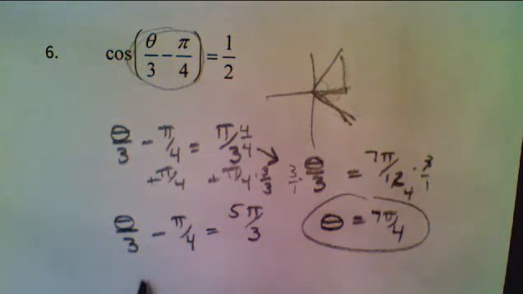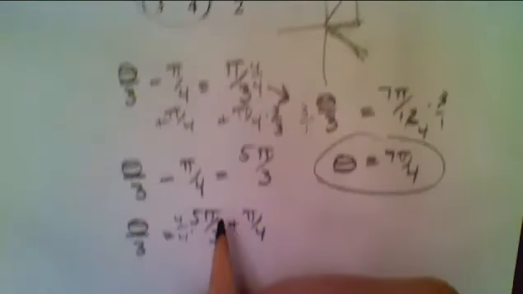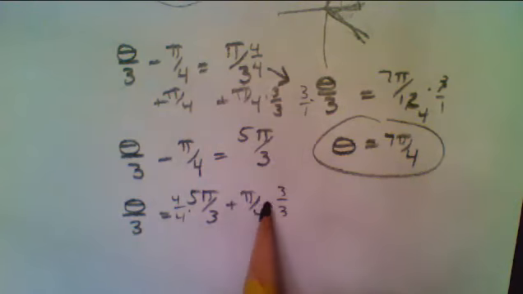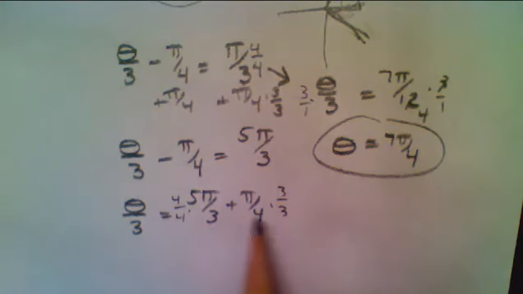Here I'm going to add pi over 4. So I've got to get my common denominator, which again means if I multiply by 4 over 4, 20 pi over 12. This one I multiply by 3 over 3. I get 3 pi over 12.